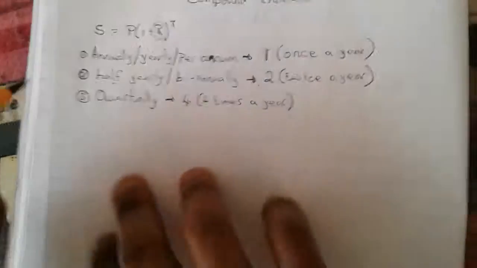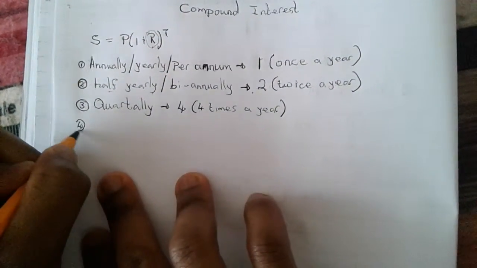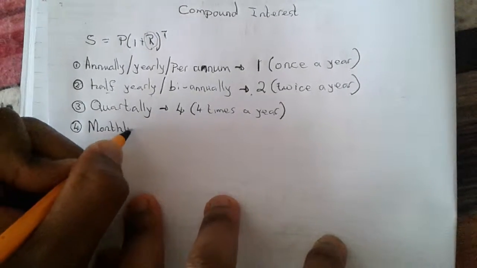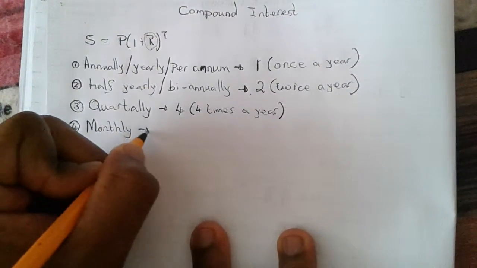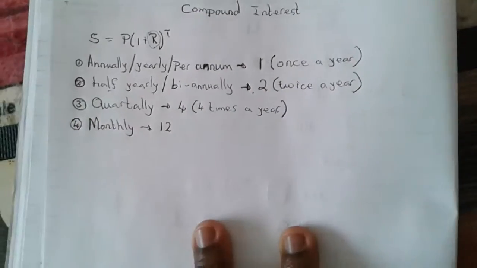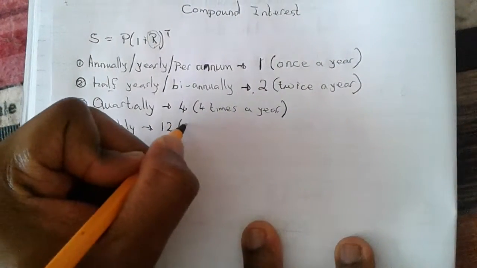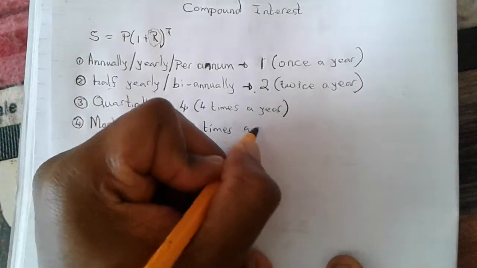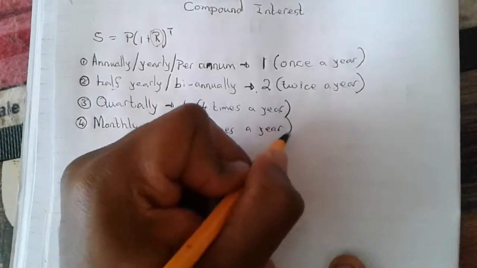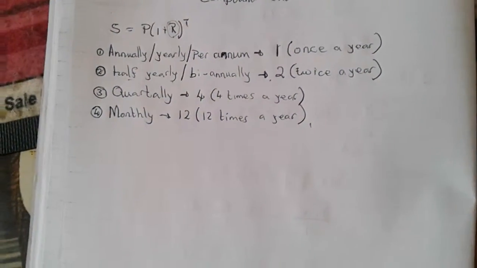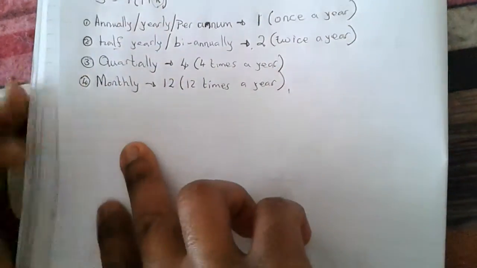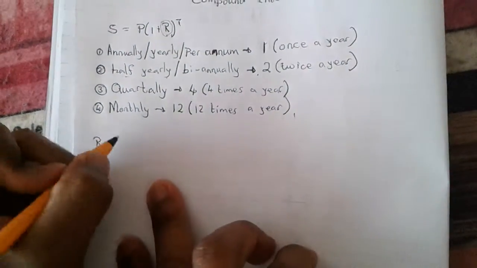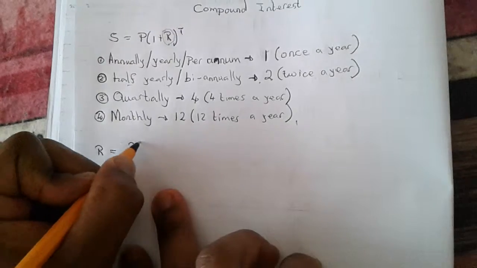And then the last one, they will tell you that it's compounded monthly. Monthly is 12 times a year, which means every month. Now when it comes to your rate, remember that your rate is given as a percentage.